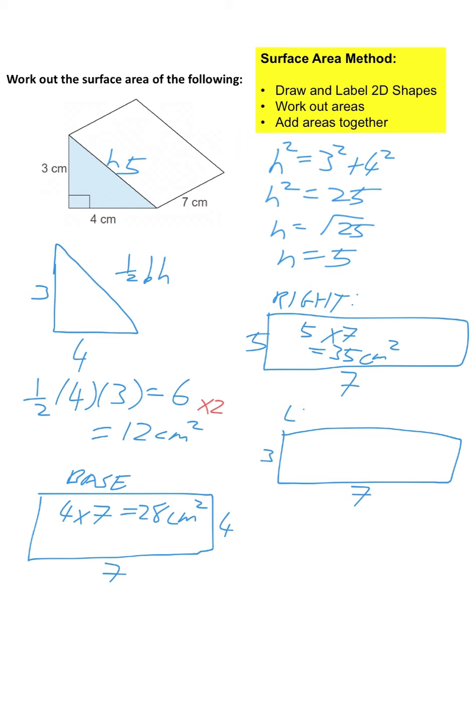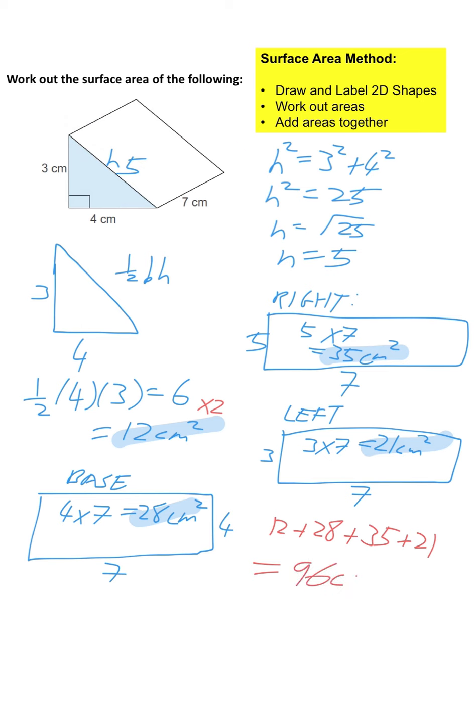And 3 times 7 is 21 centimeters squared. So now I have all my individual areas. So let's add those together. So 12 plus 28 plus 35 plus 21, and that is equal to 96 centimeters squared. And there's our answer.